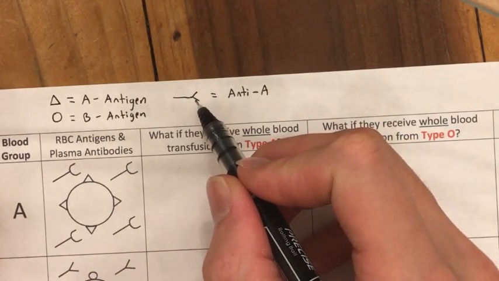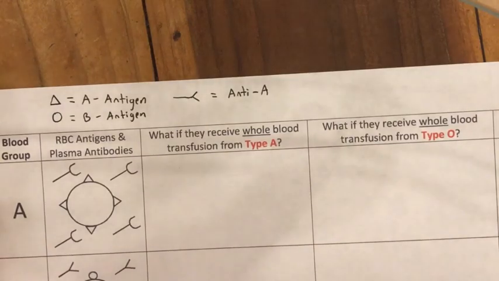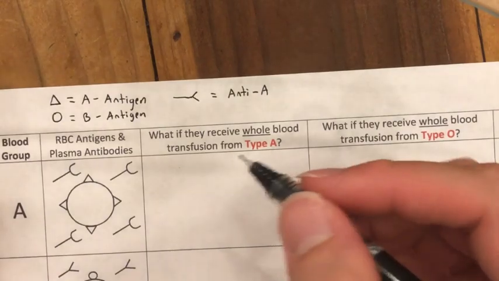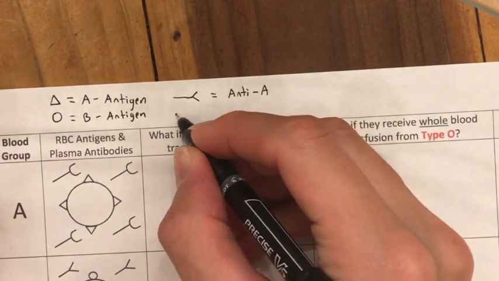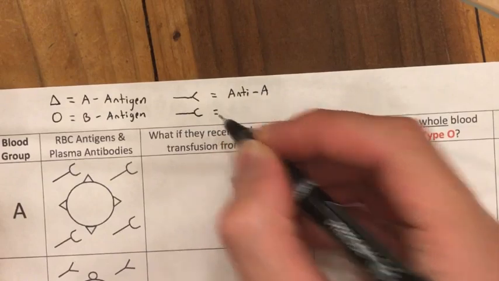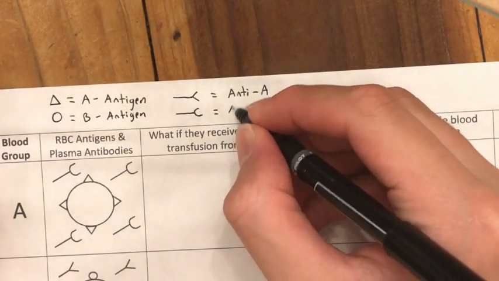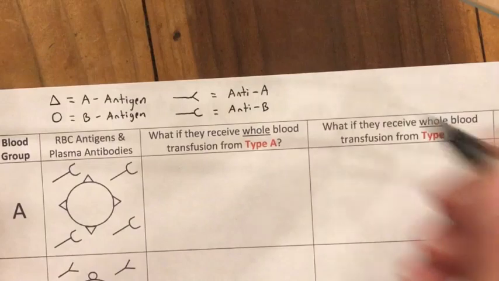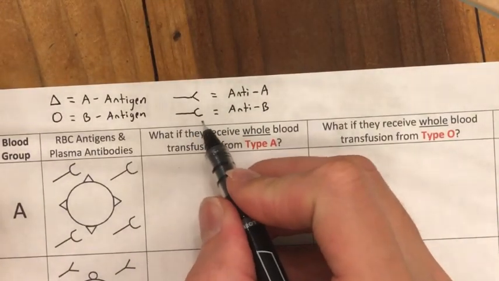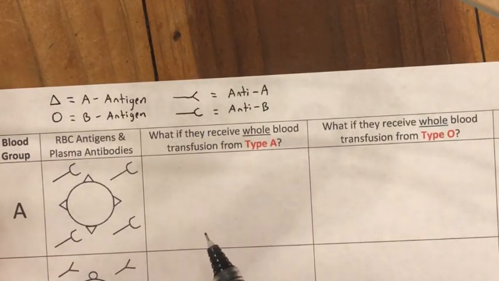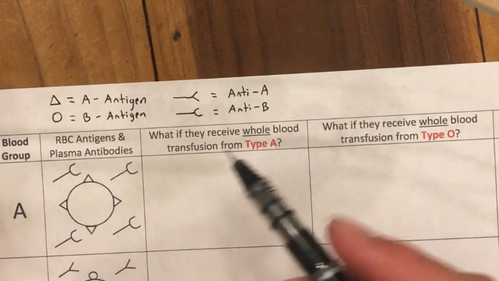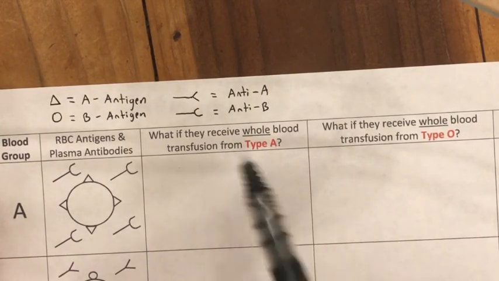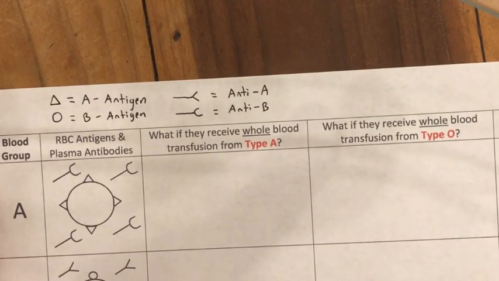Anti-A antibodies thus attack red blood cells that have A antigens. The second main antibody we'll look into is anti-B. Those are going to have the more smooth curve to them. Antibody B, or anti-B, is the antibody that recognizes the B antigen and attacks red blood cells that contain these B antigens.